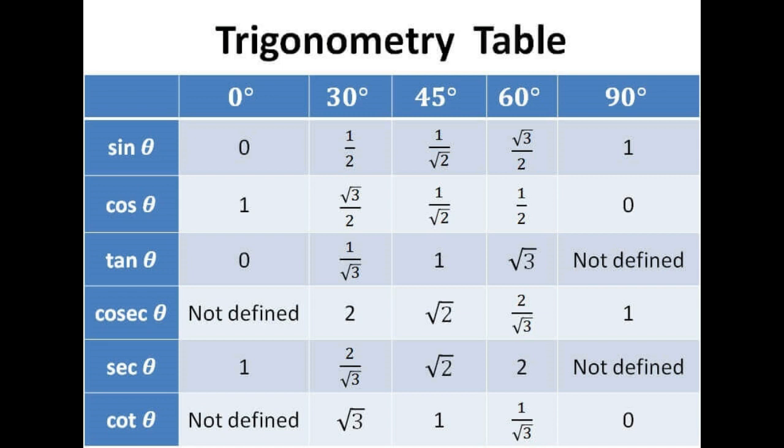Again: not defined, 2, root 2, 2 upon root 3, 1. Now the remaining one is sec. Whatever I have just said to you, you should learn this and apply it to sec as well, and I am damn sure that you will do it. The value of cos reciprocal will be the value of sec.